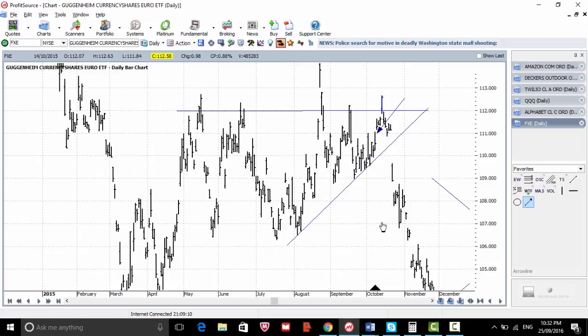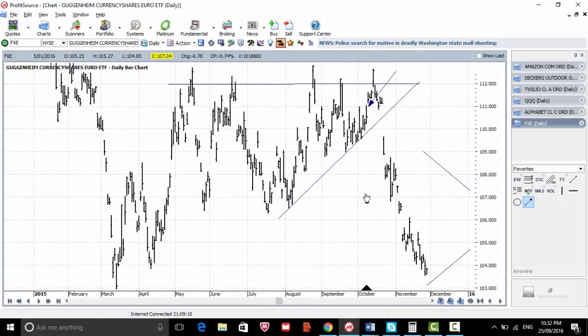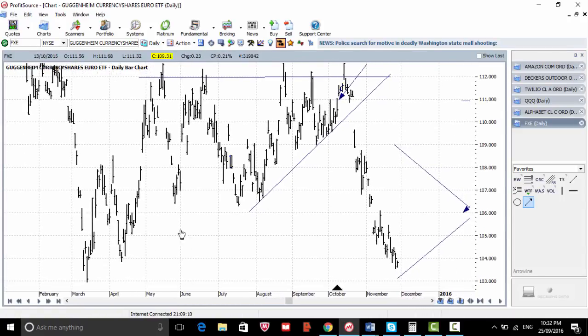So now I want to talk about another pattern, and I'm just going to fast forward until this pattern develops, and then I'm going to talk about it. Now, this is where you start to build a bit more tension, where you get higher lows but lower highs. If you look at the two diagonal lines that I've drawn, look at how tight this range is.